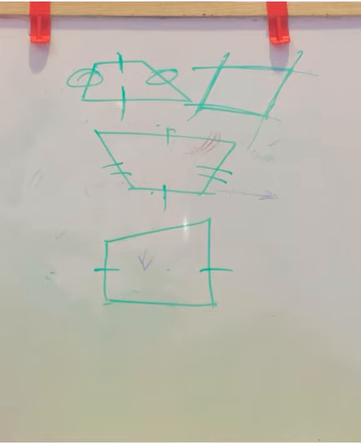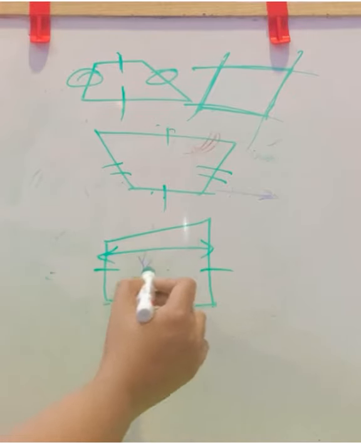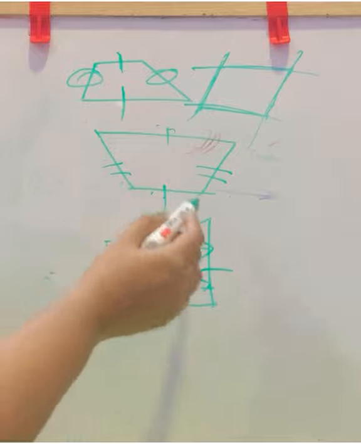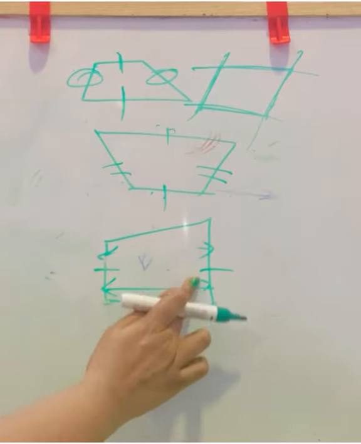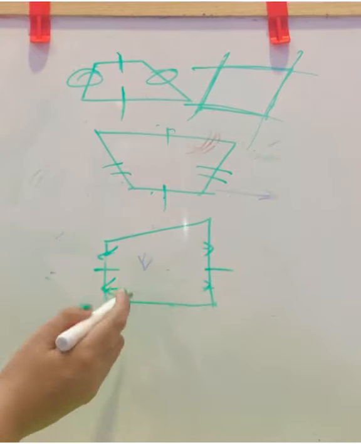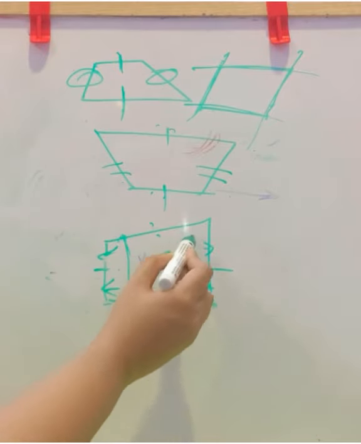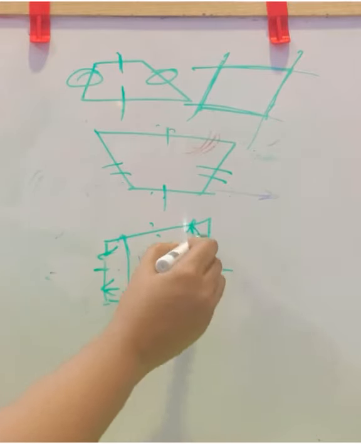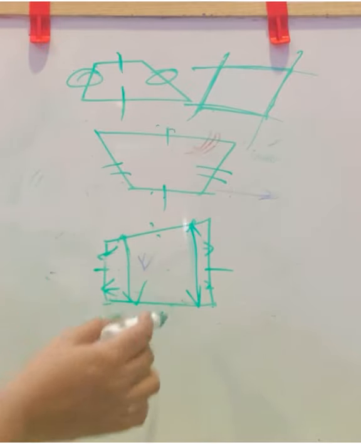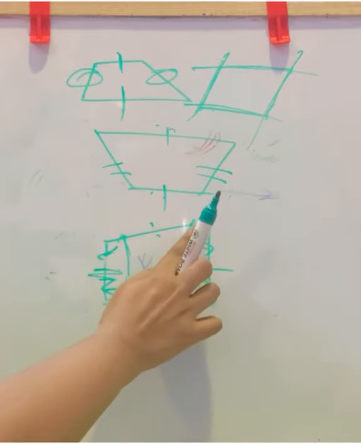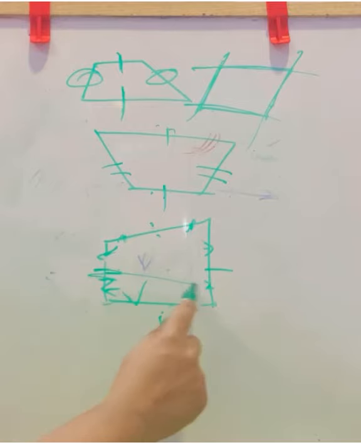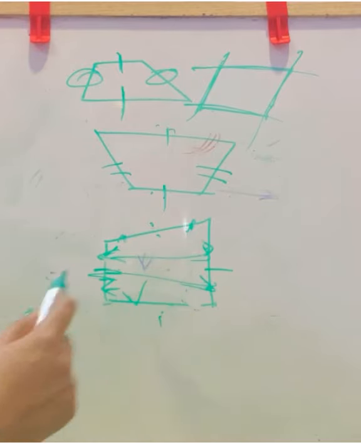Remember, parallel line means their distance at every point will be equal. Here, non-parallel sides you can check the distance. This is non-parallel sides. Here the distance is different from this distance. So it is not parallel on this side, but here you can see distance is equal at any point.